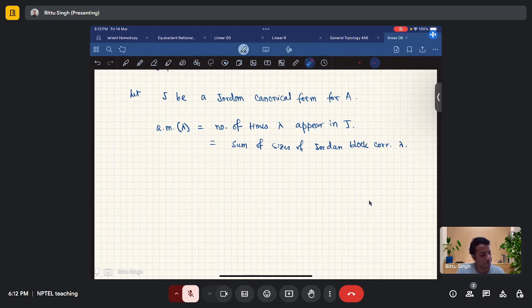Again, we know that algebraic multiplicity is the multiplicity of lambda in the characteristic polynomial, right?